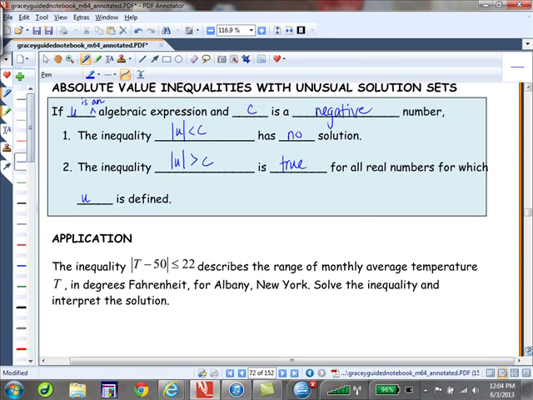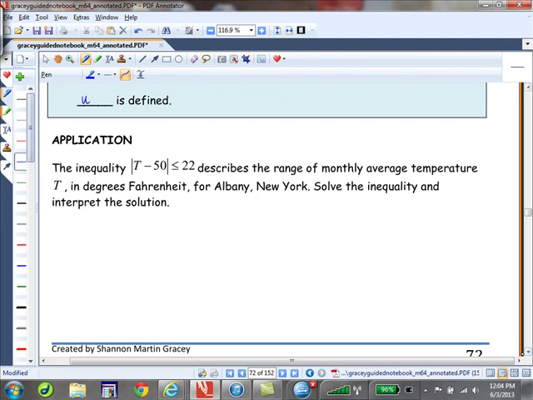All right, so here we go. The inequality absolute value of T minus 50 is less than or equal to 22 describes the range of monthly average temperature T in degrees Fahrenheit for Albany, New York. Solve the inequality and interpret the solution.